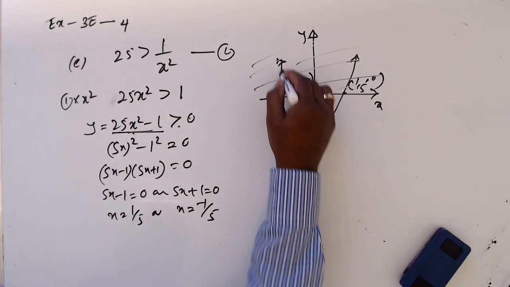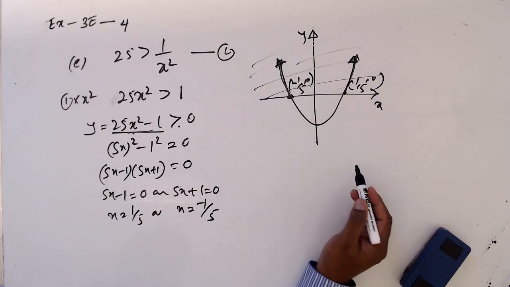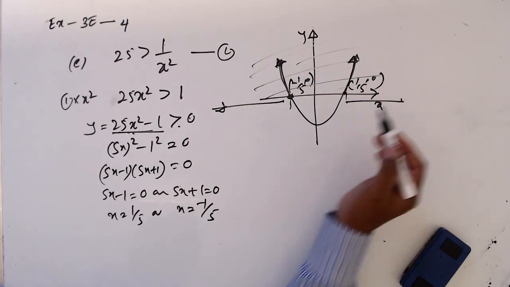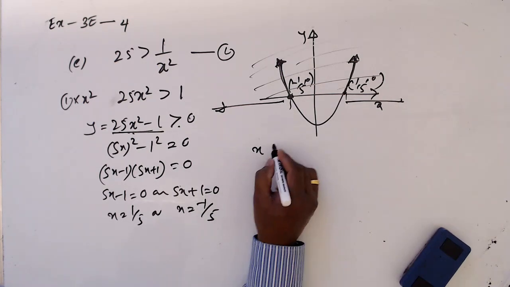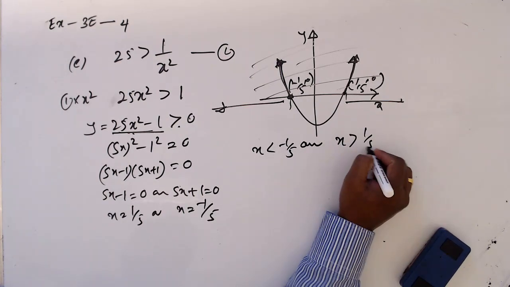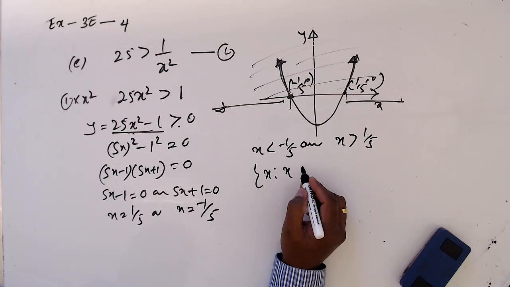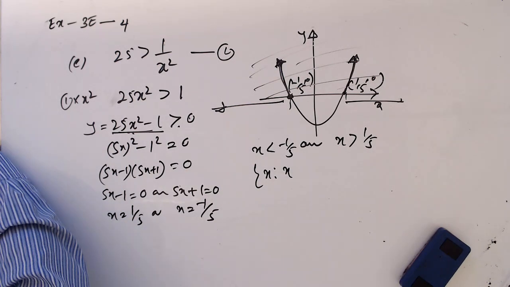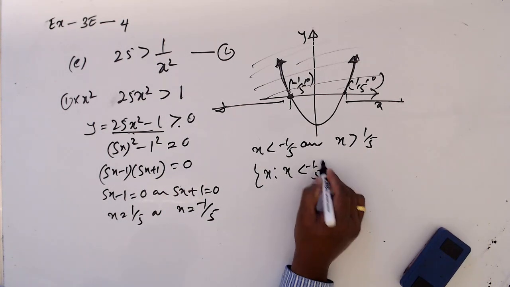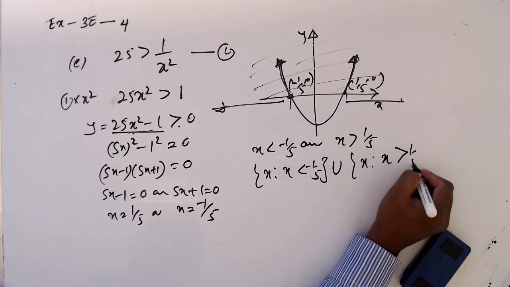So according to the graph, this is the graph part. So according to this one, according to x, x less than minus 1 over 5, or x greater than 1 over 5. x less than minus 1 over 5 union x greater than 1 over 5.